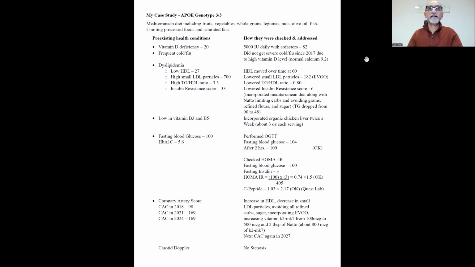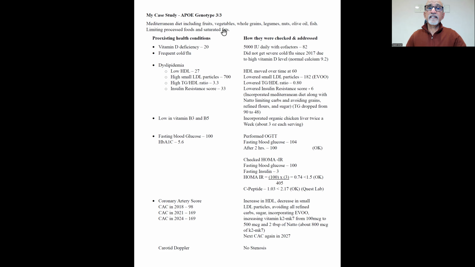What you see here is my case study, and since, as I said, I'm APOE genotype 3.3, for genotype 3.3 the guidelines in the literature say that the Mediterranean diet is one of the best, including fruits, vegetables, whole grains, legumes, nuts, olive oil, fish, and of course limiting processed foods and saturated fats.